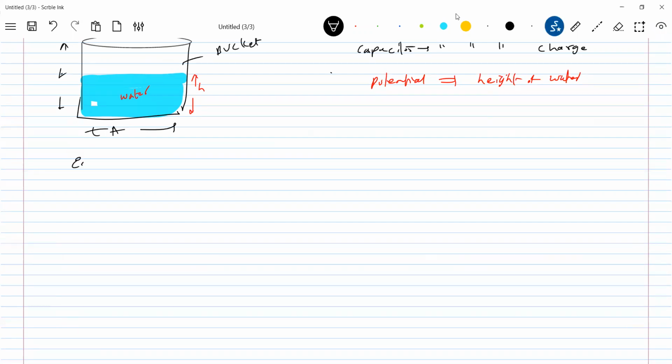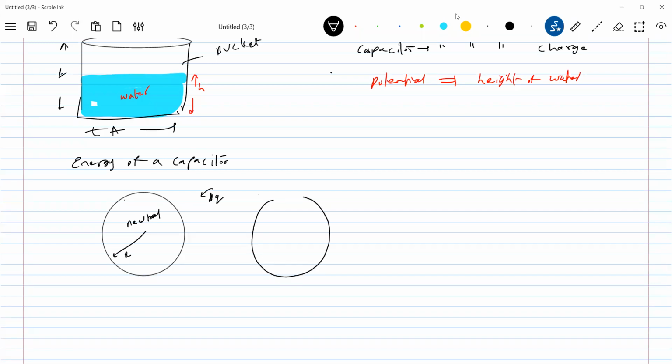I'm introducing the next concept, the energy of a capacitor. There's a conductor. Initially it was neutral. Now I'll add a charge dq to it. Then it will acquire charge continuously. I'll add a charge dq.